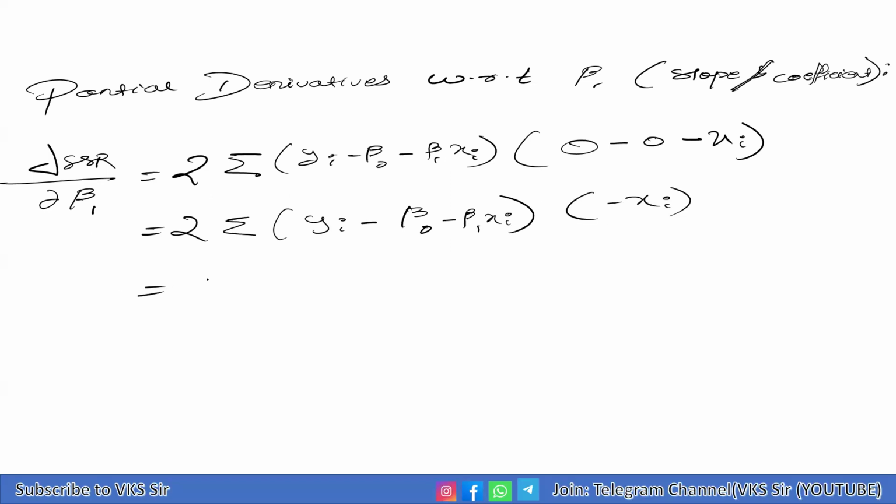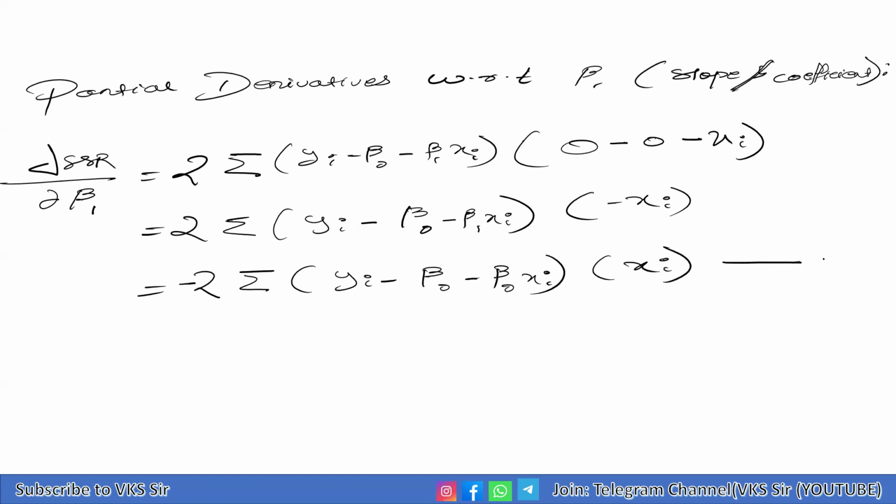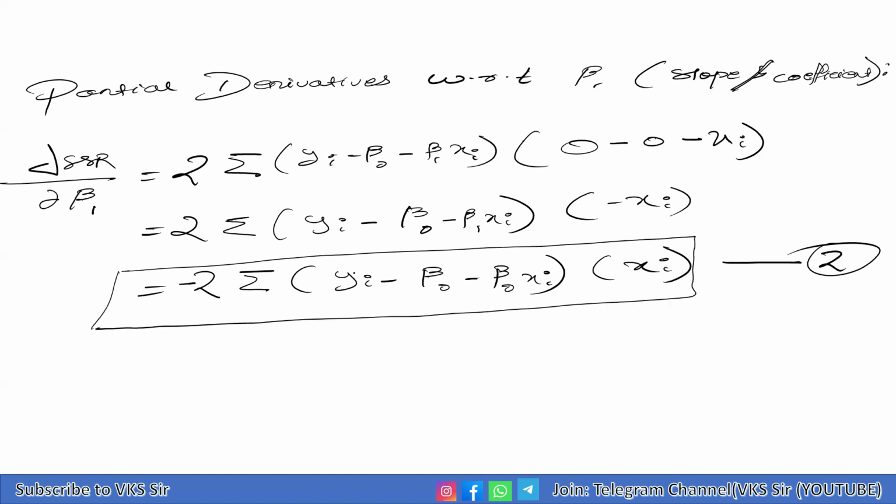So I can also write like this: negative sum of yi, intercept, coefficient, independent variables, and xi. This one is equation 2. Finally, we got the two equations.